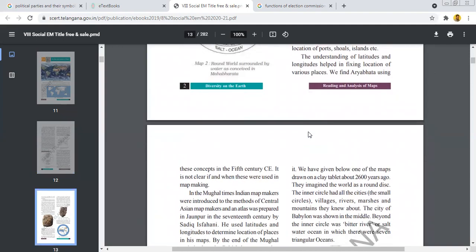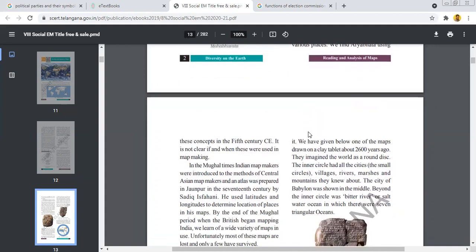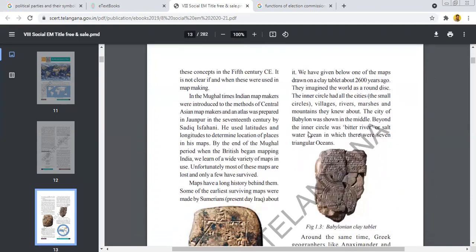Later, the Arab sailors and Arab scholars also used these maps. Okay, with the help of these maps, Al Idrisi, the Arab map maker, prepared a world map for his king in 1154.